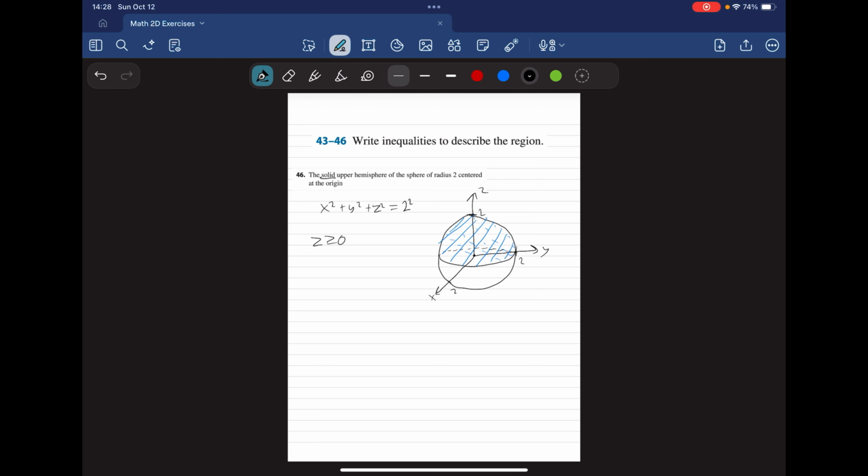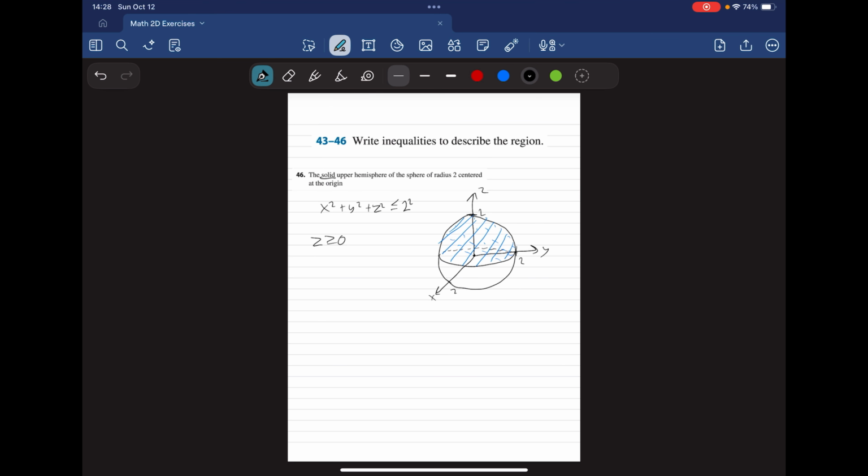And finally, to get the fact that we want this to be solid, we just need to make sure that our equation here includes every single point that's not just on the surface of the sphere, which as written would mean that we have this equal sign here, but also everything inside. And to get that, we just need to add on a less than or equal to right here.